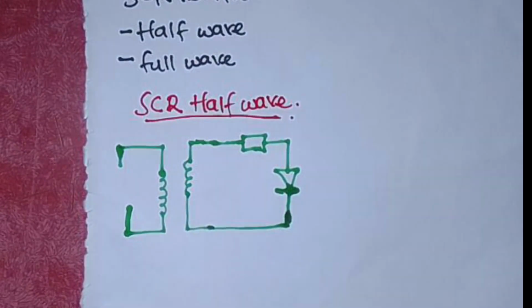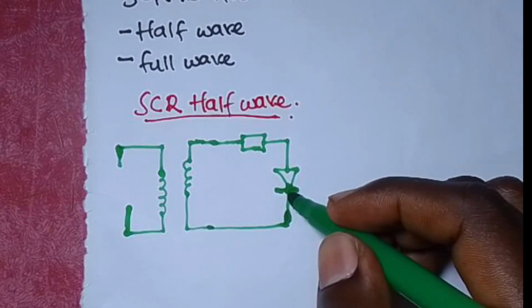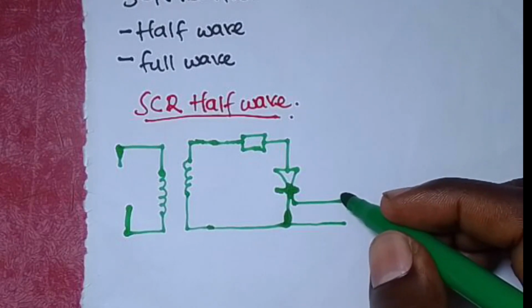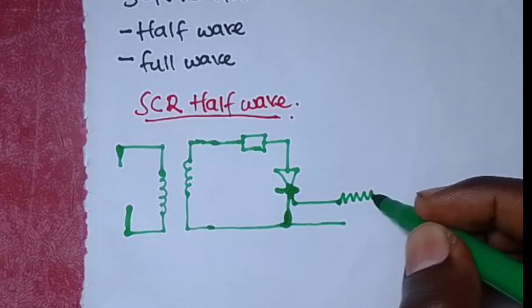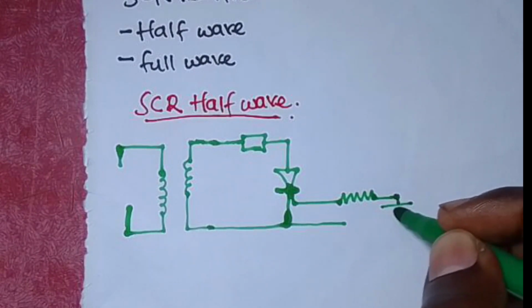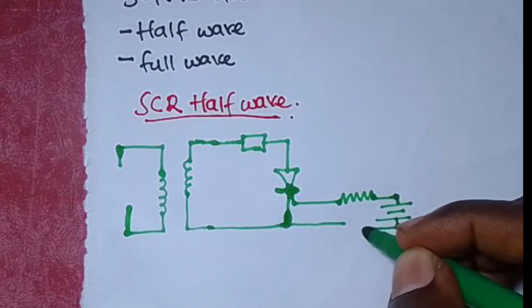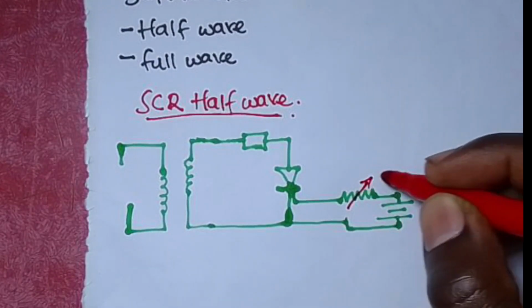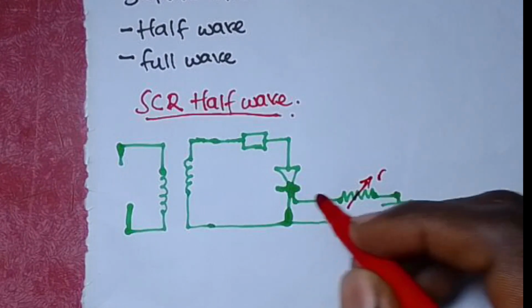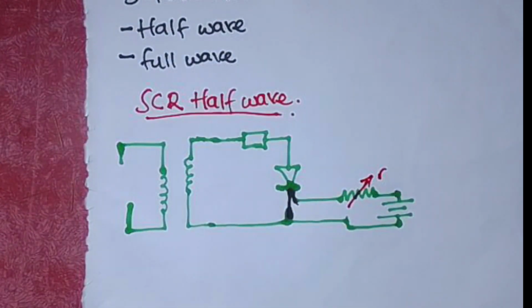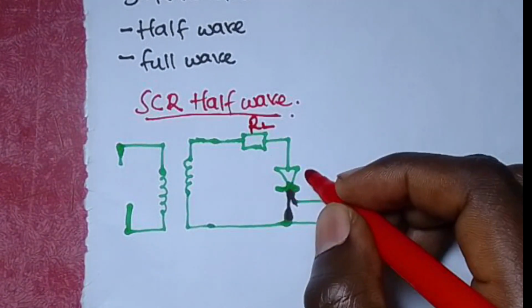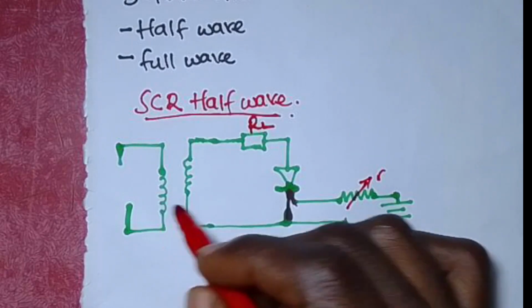Now this point here is going to be controlled, and here we shall have a very small circuit, controlled through a certain resistor, and it has a certain voltage across its terminals. This resistor here is a variable resistor R. It is what we use to control the voltage to the gate. And this is our load resistance RL, and this is our SCR, and this is our primary and secondary.